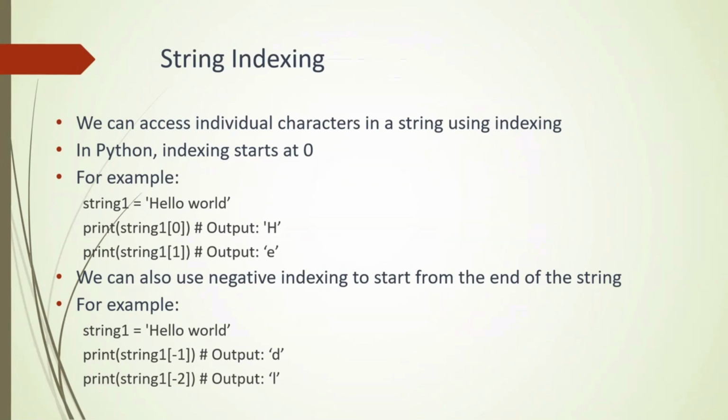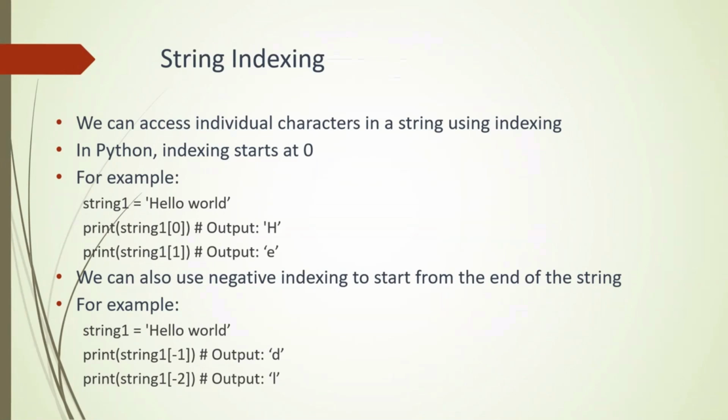We can also use negative indexing to start from the end of the string. In negative indexing, the last character in the string has an index of -1. The second to last character has an index of -2, and so on.